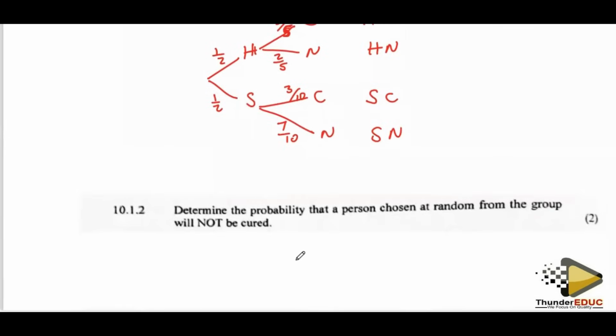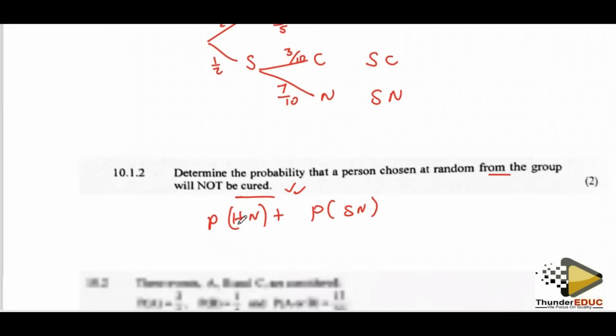10.1.2, they're asking for the probability that a person chosen at random from the group will not be cured. So there are two possibilities. Either you will not be cured because you received the headache pill, or you will not be cured because you received the sugar pill. So I'm just going to say the probability of HN plus the probability of SN.